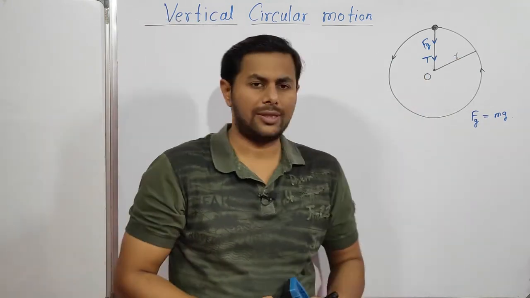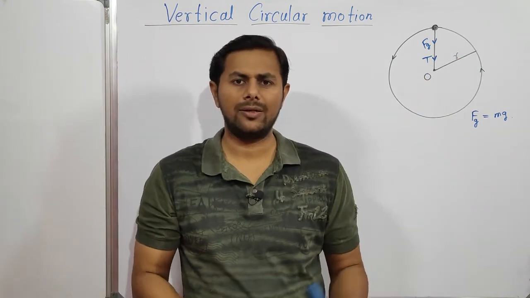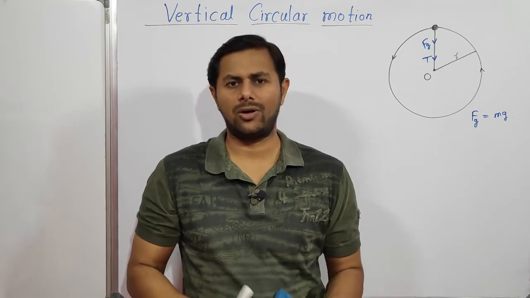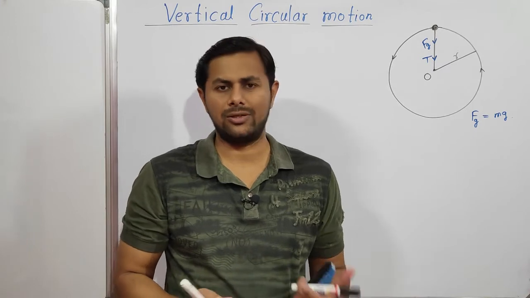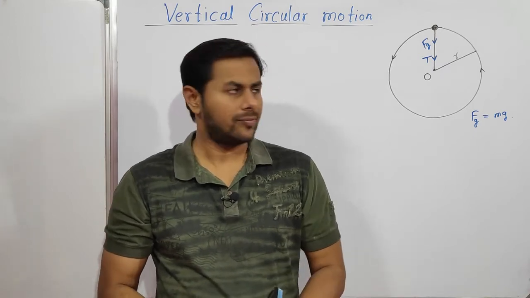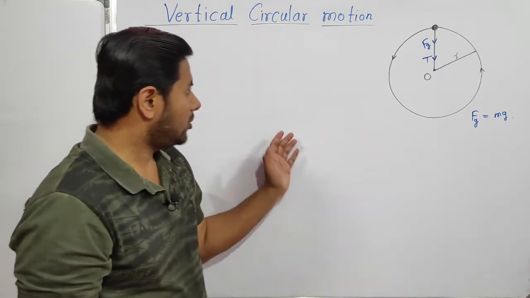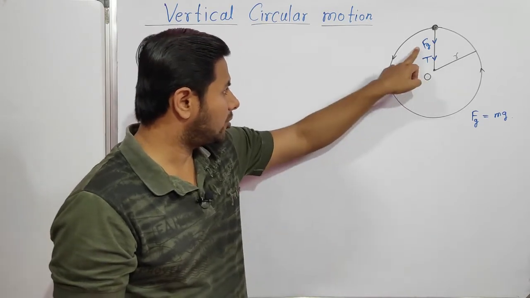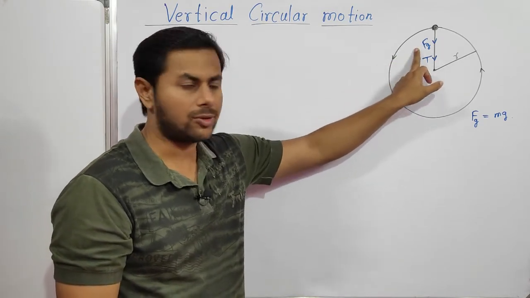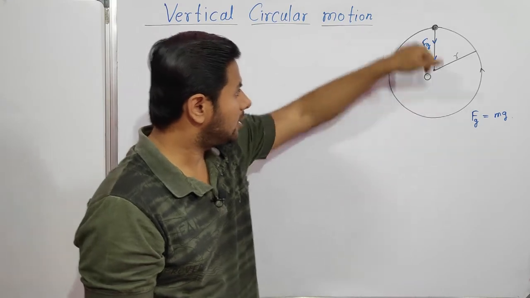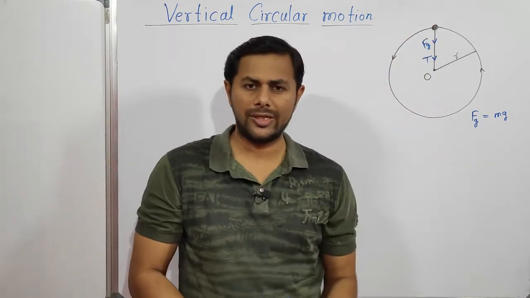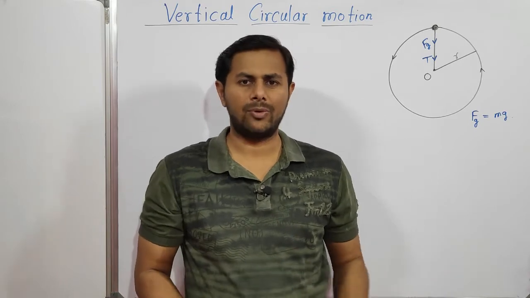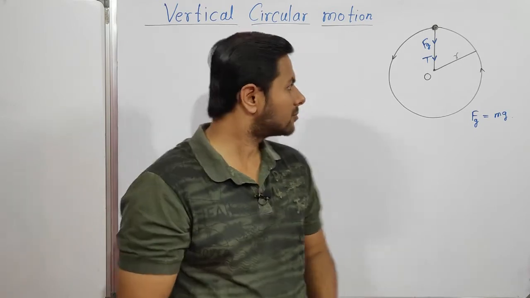Now we know that for circular motion to happen, we need a force called centripetal force, which is directed along the radius and towards the center. Here we see that both of these forces, the gravitational force and tension in the string, are directed along the radius and towards the center. That means they combined provide the centripetal force.